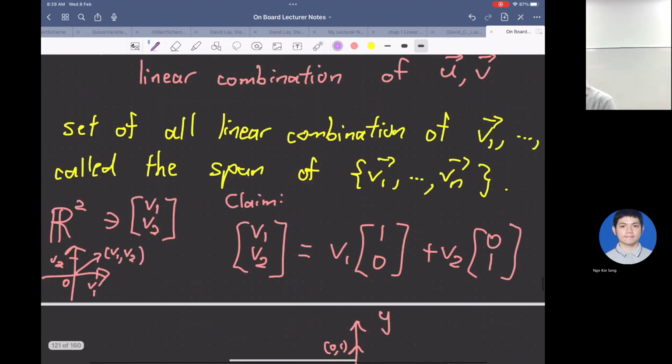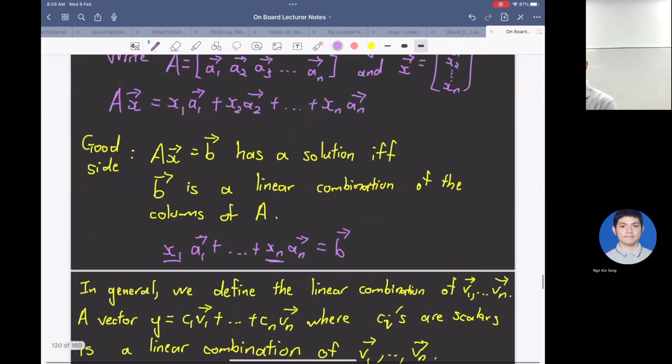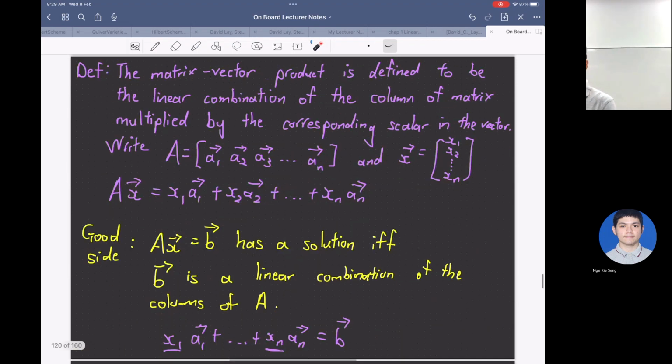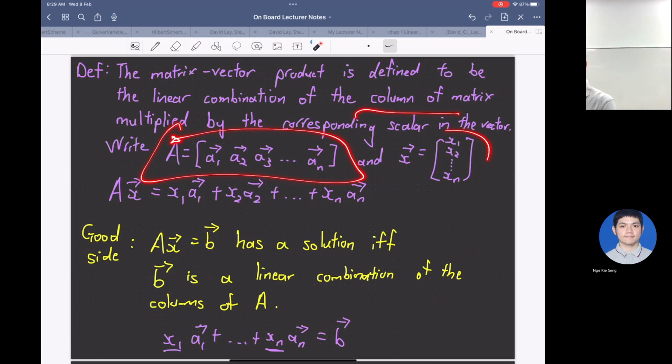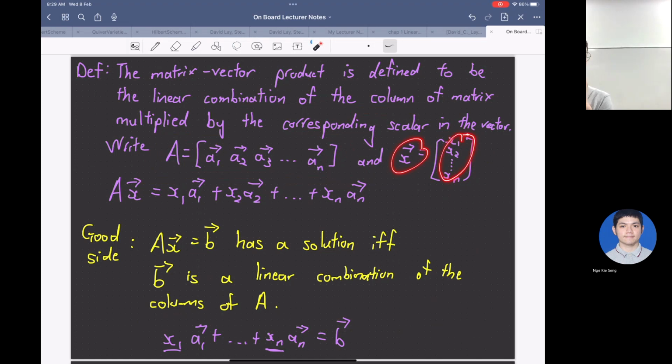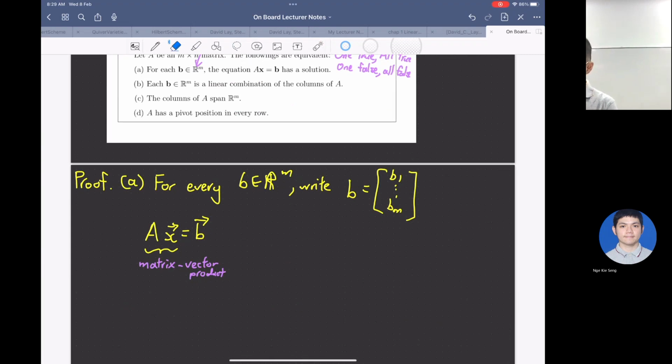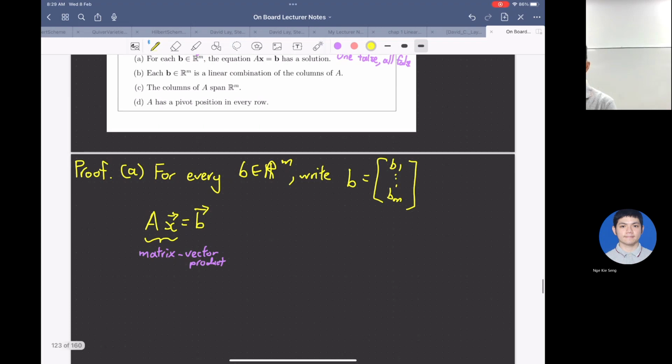It's a linear combination of the columns multiplied by the corresponding scalars. So you need to split your matrix into column vectors first, and then split your vector into scalars. Make sense? Yeah. So let's see. I split my matrix into columns.